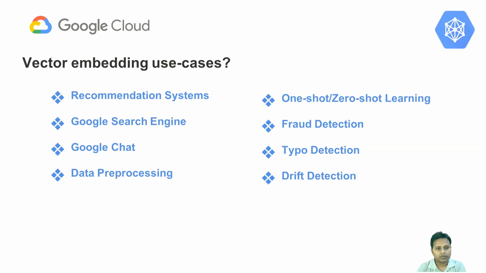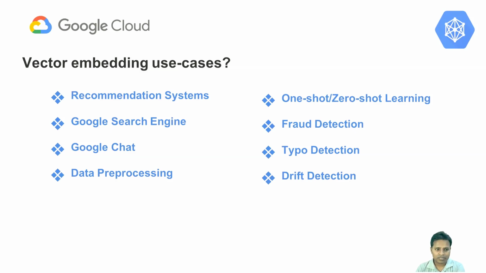Right. So now here, if you can see on this screen, there are multiple use cases that we can talk about for vector embeddings. The very first one is recommendation systems. Vector embeddings help services like Netflix or Amazon to suggest what you might like. Now coming to the Google search engine, they enhance searches from googling phrases to finding image origins.